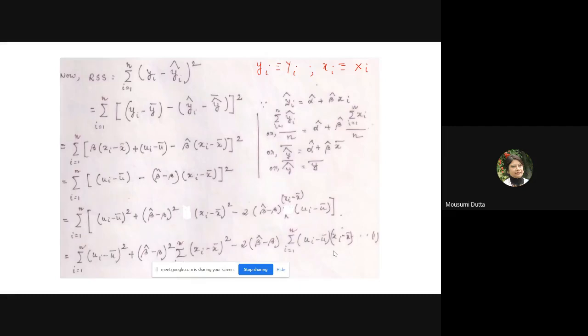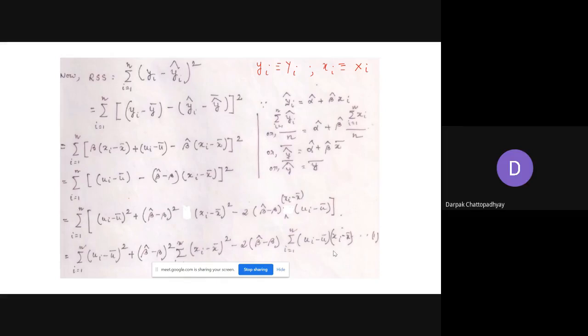Why are we bringing ui? Because in a classical linear regression model, all the assumptions center around ui. So when we consider the expectation, etc., the relevant variable will be ui. Therefore, we converted the entire thing in terms of ui. Any question? Up to equation number 1.